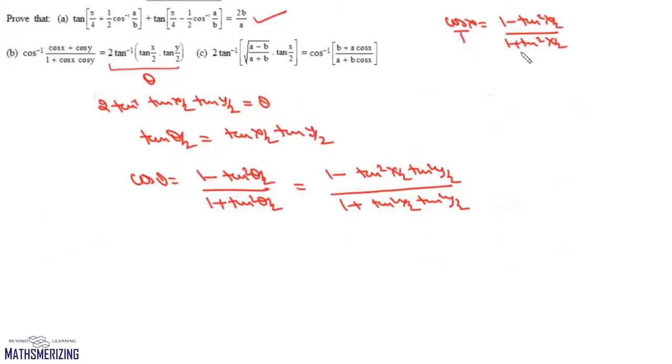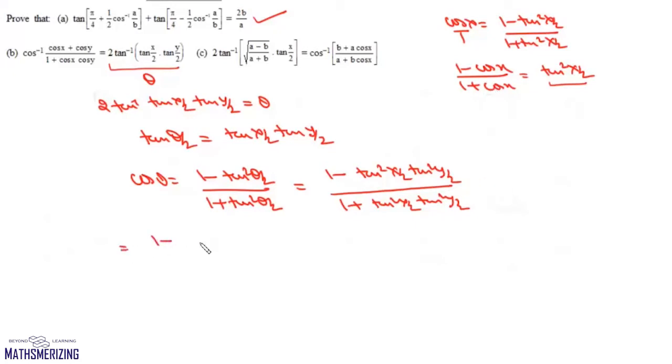Then we can write (1 minus cos x) upon (1 plus cos x), and it will be equal to tan square x by 2. So we'll replace tan square x by 2 with (1 minus cos x) upon (1 plus cos x). In the same way, we'll write tan square y by 2 as (1 minus cos y) upon (1 plus cos y).